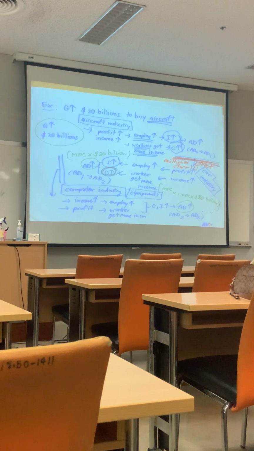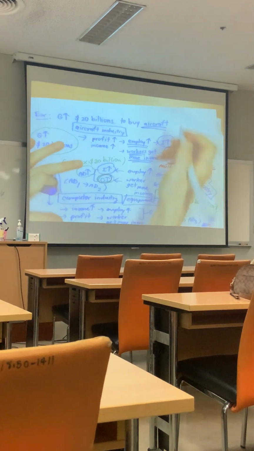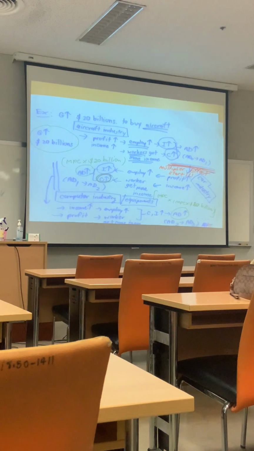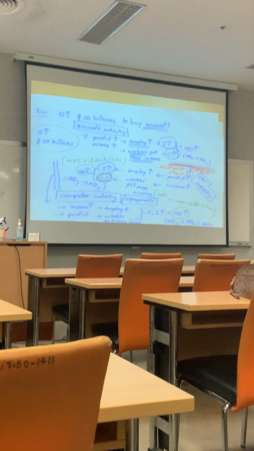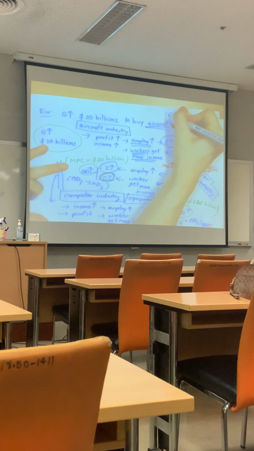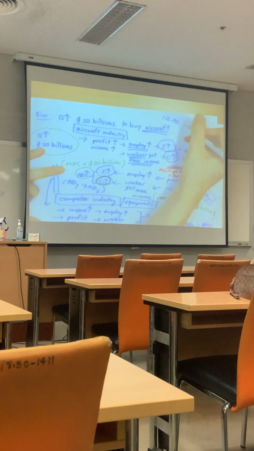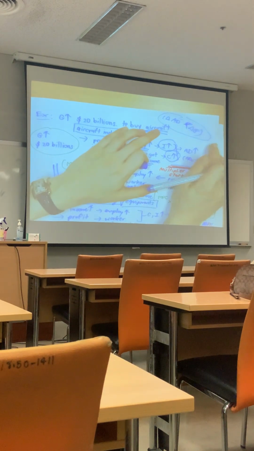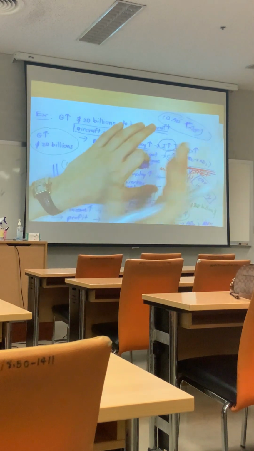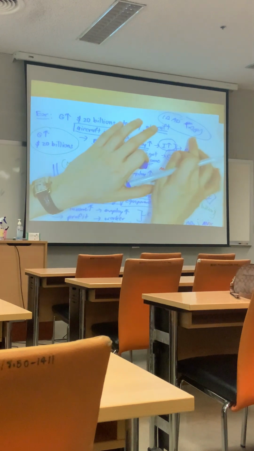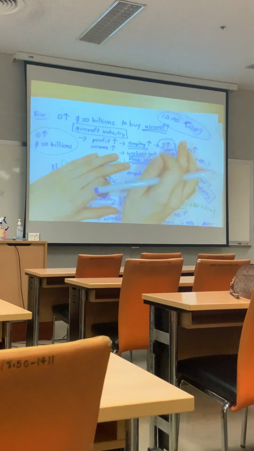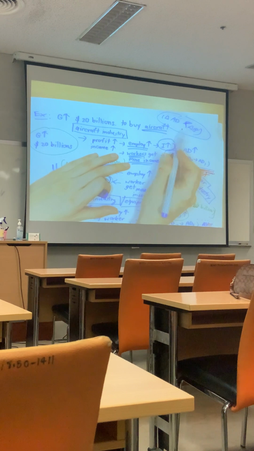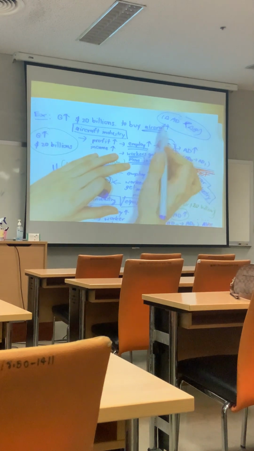So in this case, when crowding out happens, it can make AD change less than the G change. But this case does not always happen. I will show you that it can have this case, or this case may still not happen.